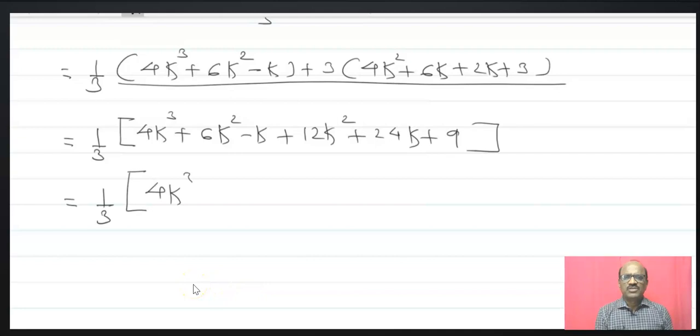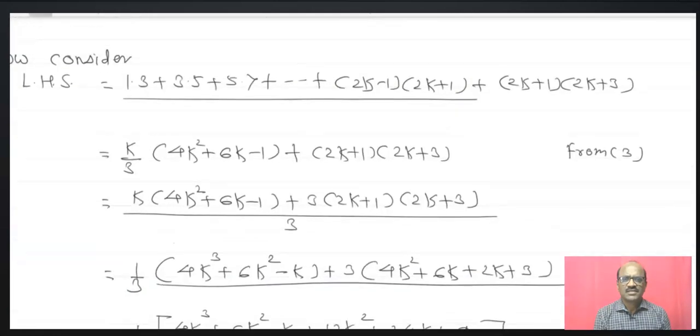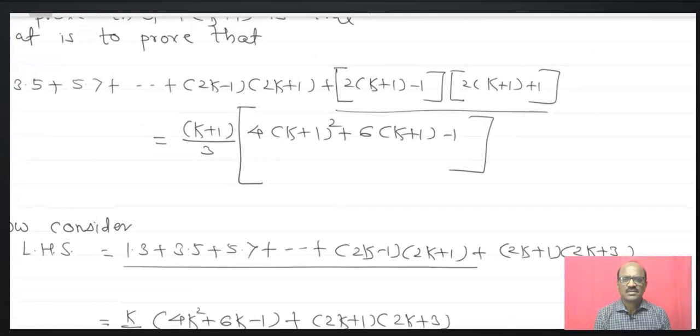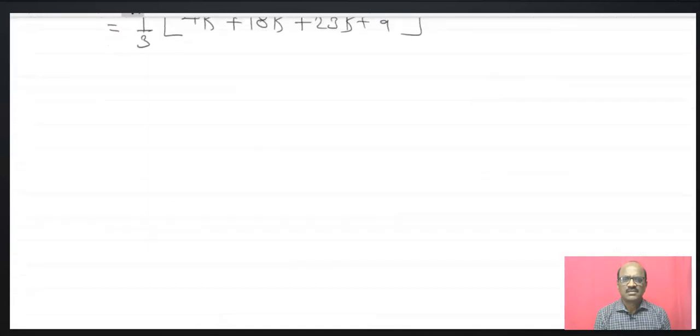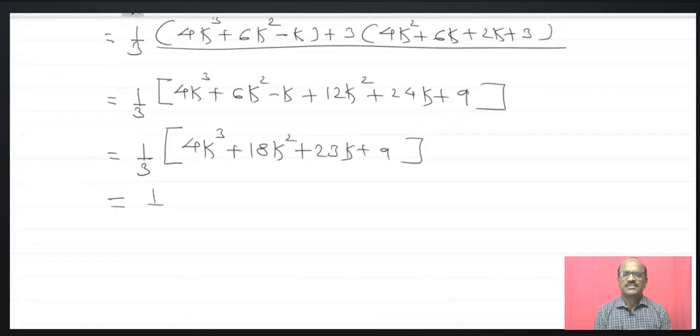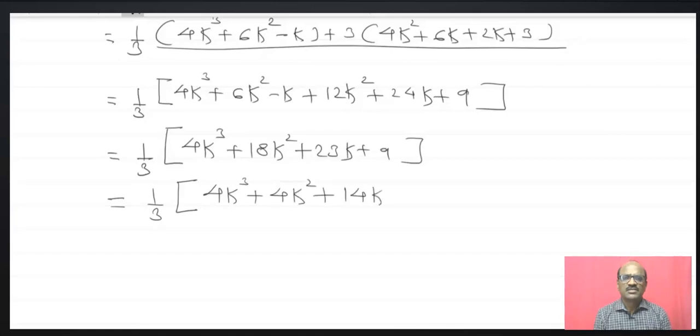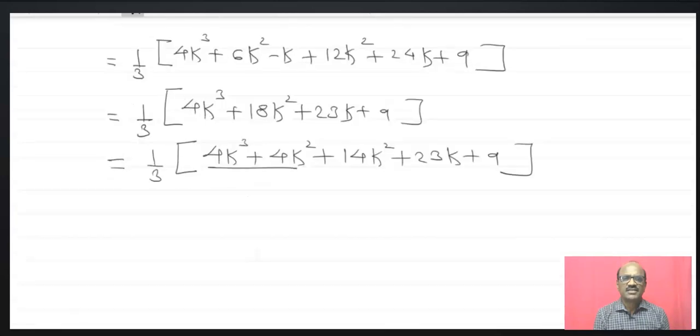That is equal to 1 upon 3 (4k cube plus 18k square plus 23k plus 9). Now simplify this. That is 1 by 3 (4k cube plus 4k square plus 14k square plus 23k plus 9).